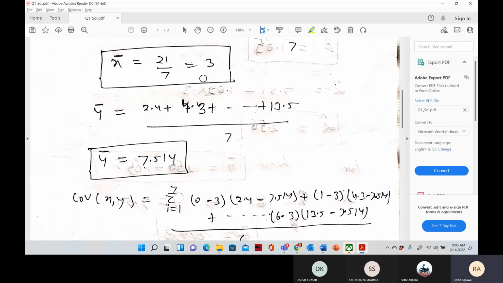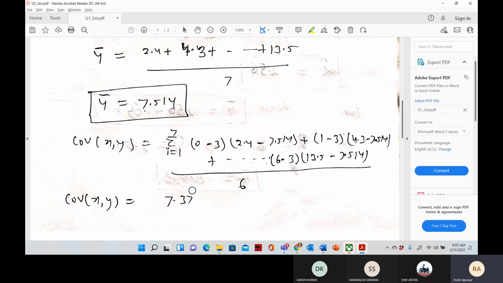X bar is 3, y bar is 7.514. The covariance is this.